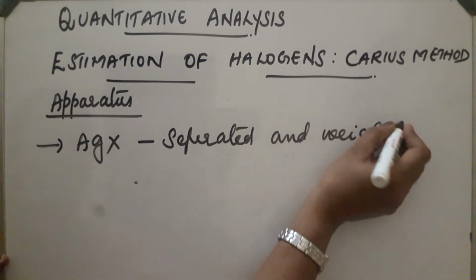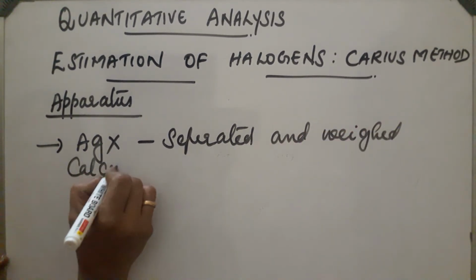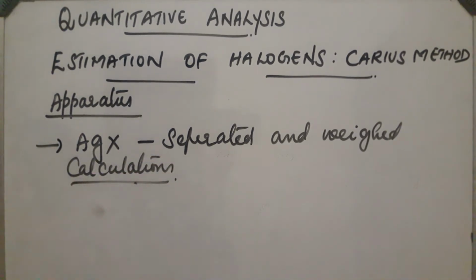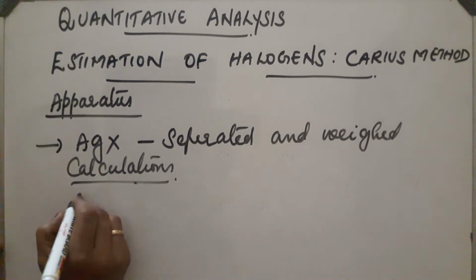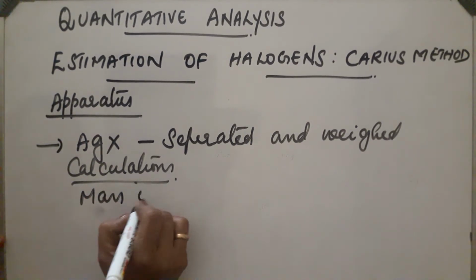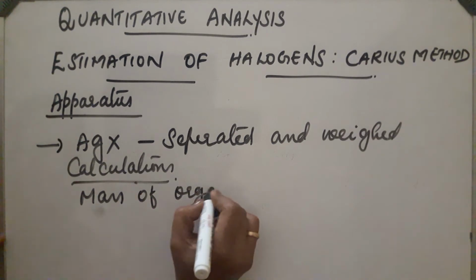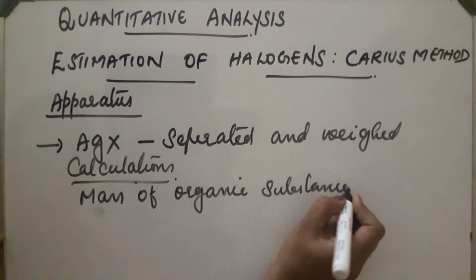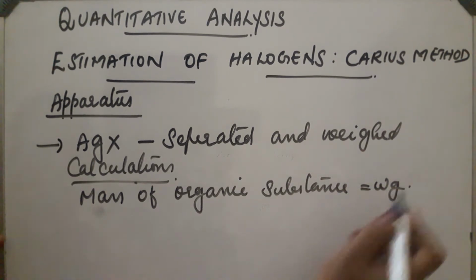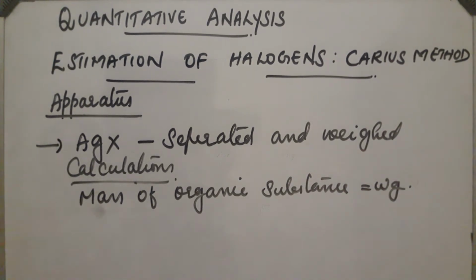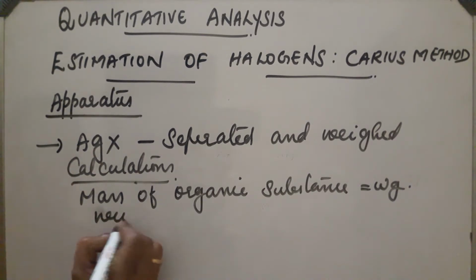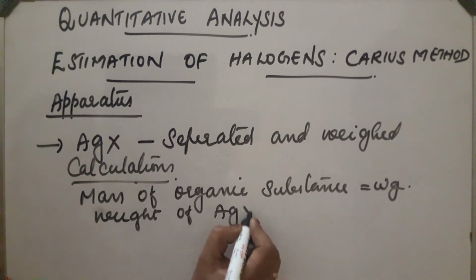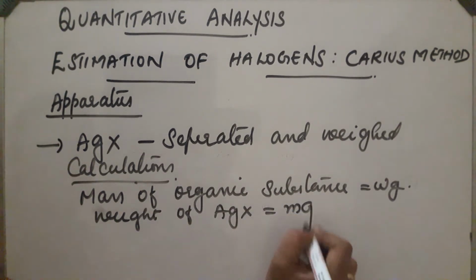Now, let us do the calculations. Let the mass of the organic substance be W gram, and the weight of AgX produced be m gram.